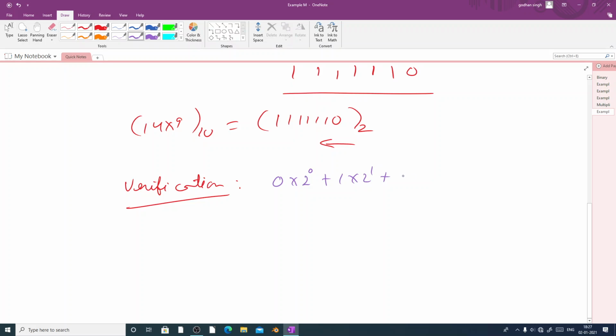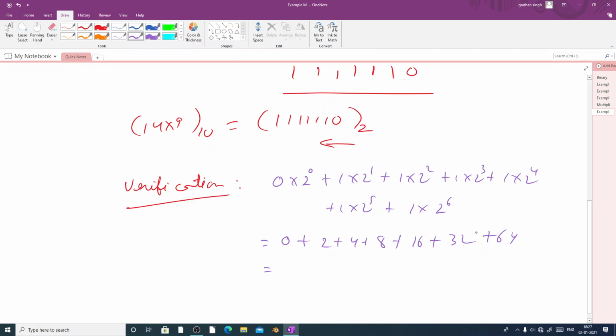So till 6 we will move. 1 into 2 square plus 1 into 2 cube plus 1 into 2 raised to 4 plus 1 into 2 raised to 5 plus 1 into 2 raised to 6. Now let us add them. So first one is 0, because 0 multiplied with 2 raised to 0 will give us 0, plus 2 plus 4 plus 8 plus 16 plus 32 and plus 64.